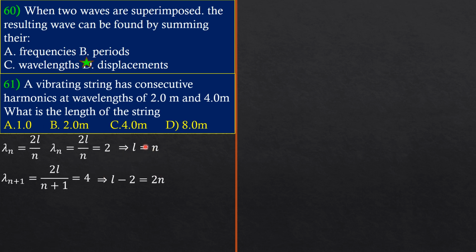But what is n? Our L is what, guys? n, right? So we are going to have n this way. If we simplify, we're going to have L equal to negative 2. But we seek to get the length, not some negative value. So we have to get the absolute value of the length, which has to be positive 2. So option B has to be the best option for this question.